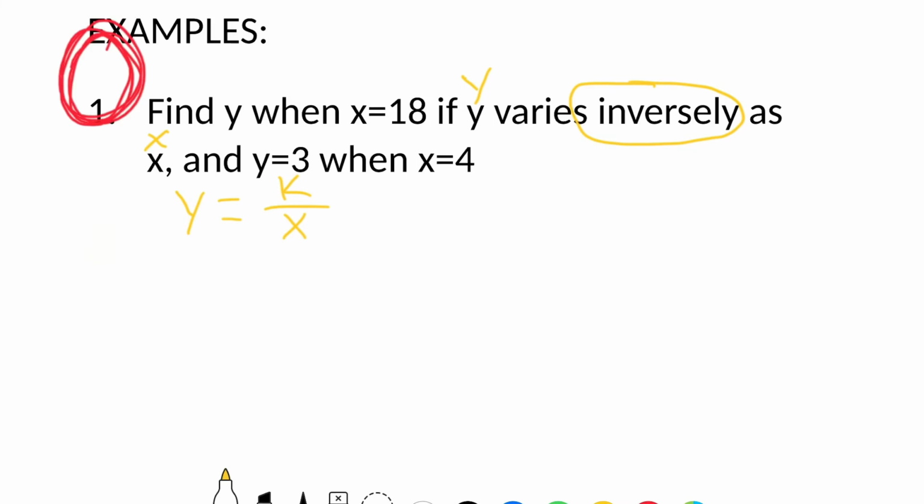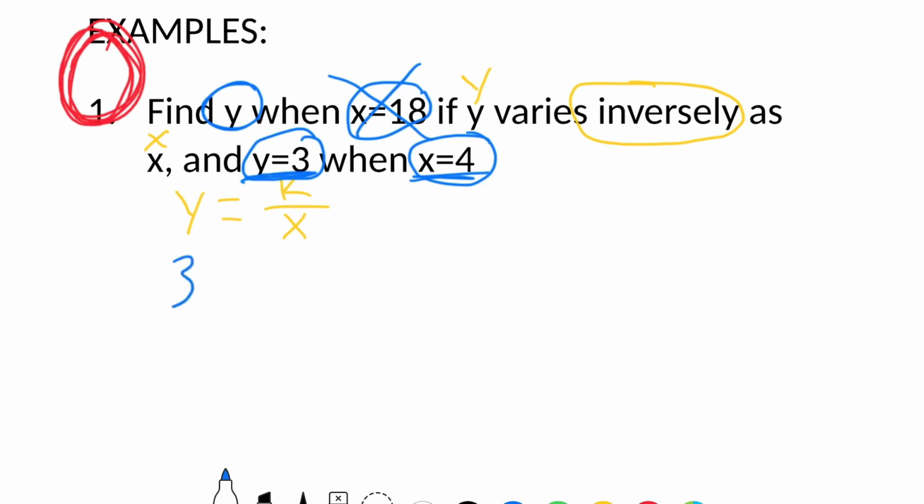So you're finding k, so you already know that y equals 3 and x equals 4. You're not looking at x equals 18 right now because you don't know what y is when x is 18. So you only are focusing on the information that is given for both variables.